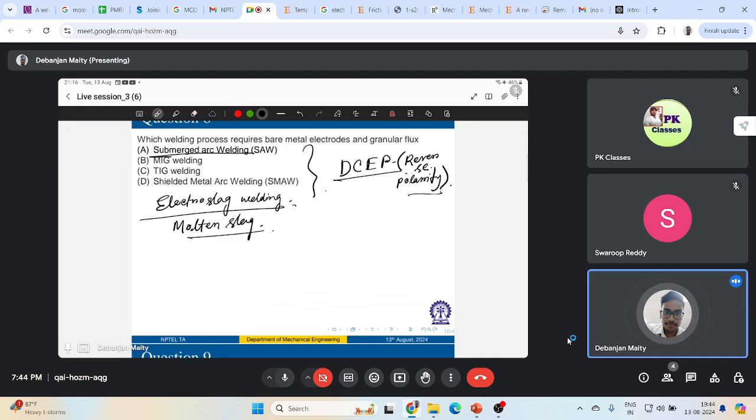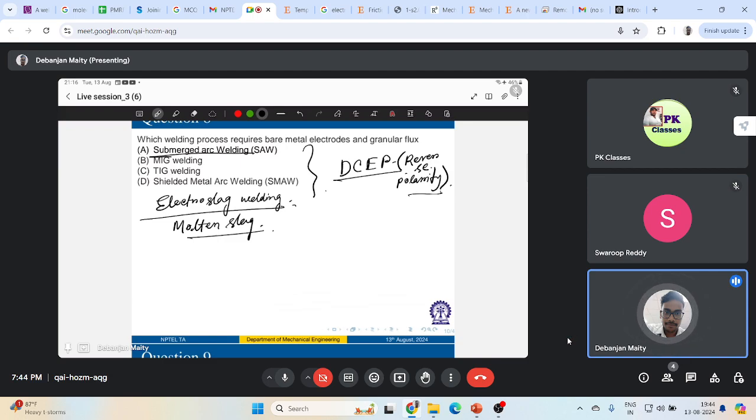The weld pool will be covered with that molten slag, and it will be moving upward as the welding progresses, right? There will be a pair of water-cooled copper shoes, one in front of the workpiece and one behind, that keep your weld pool and molten slag from breaking out. It is similar to submerged arc welding in some ways.